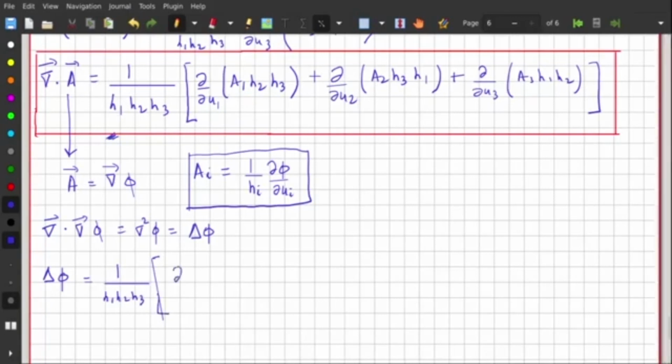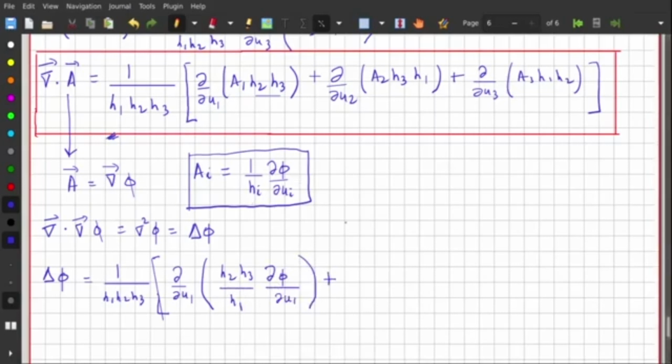This becomes partial with respect to u1, and instead of A1 we will have 1 over h1 partial phi partial u1. So we will have h2 h3, which are these two things, and then one h1 from here, and then partial phi partial u1. Like that for all the others, we just substitute the A's appropriately.